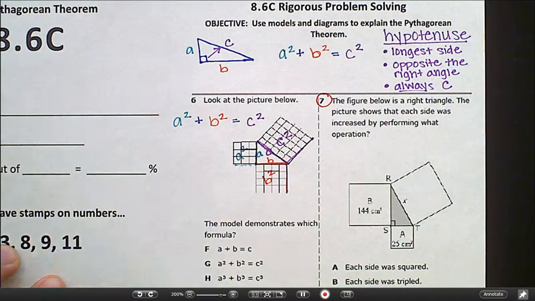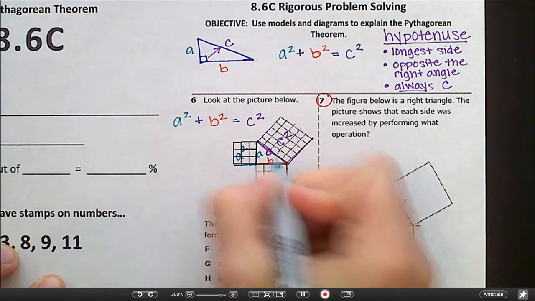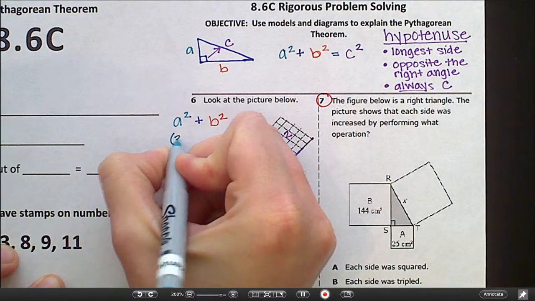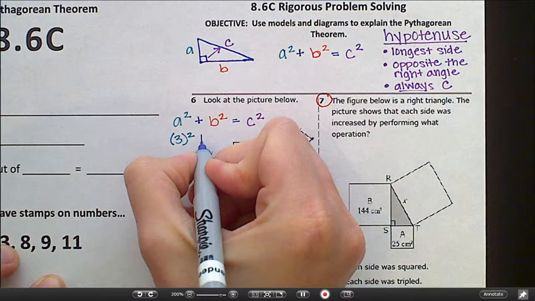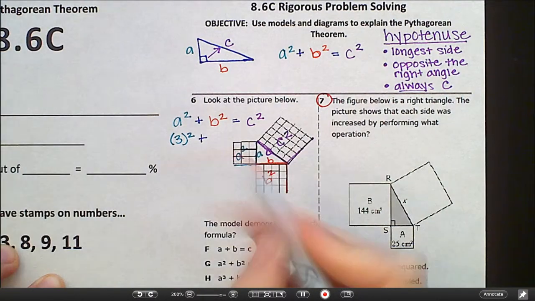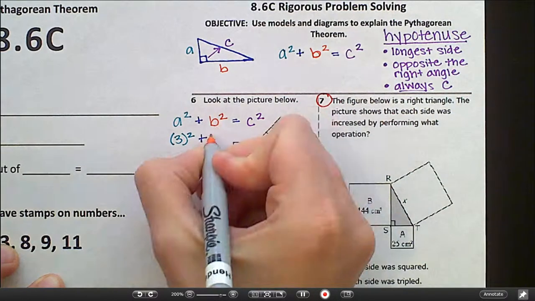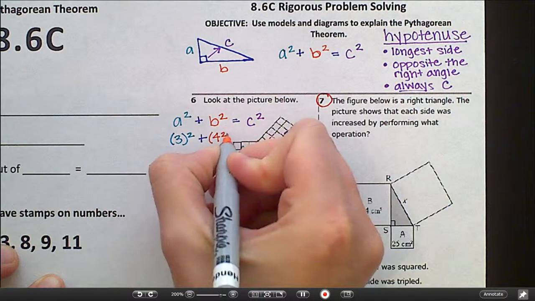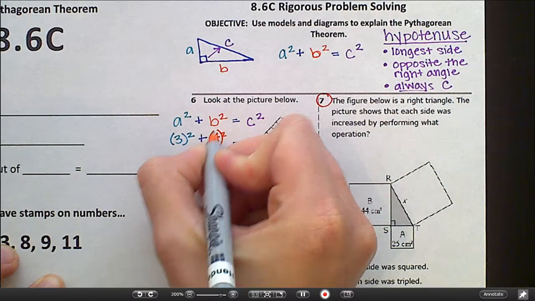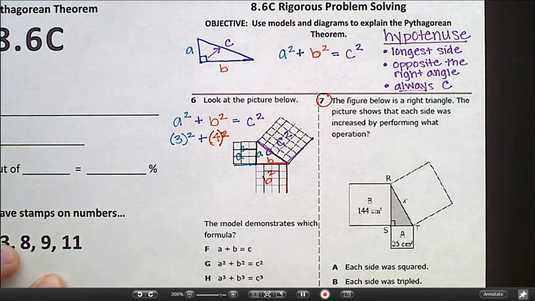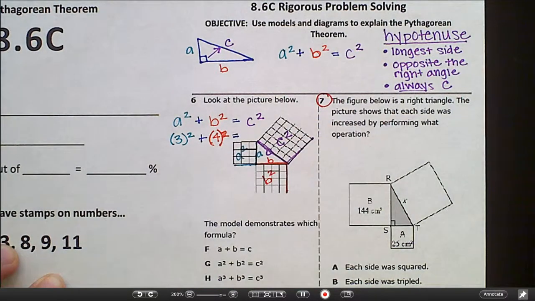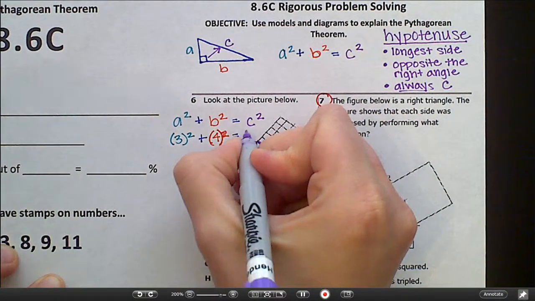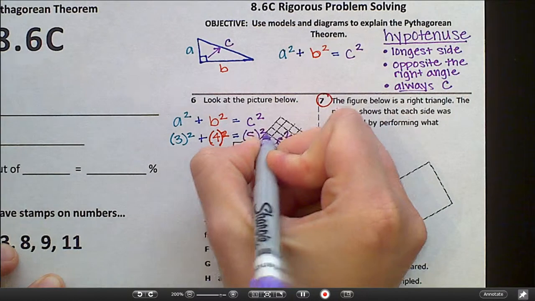And then because we always start with our formula, remember, we always plug in what we know. So I'm going to plug in A is 3, so that would be 3 squared, plus B was 4, so 4 squared, and then that would need to be equal to, this was 5, so 5 squared.